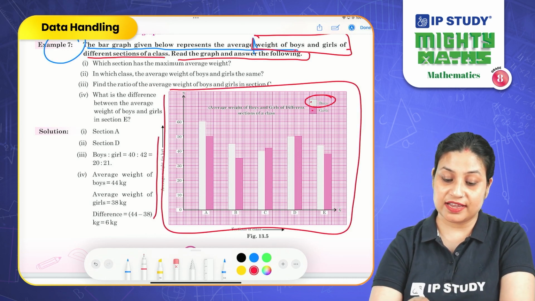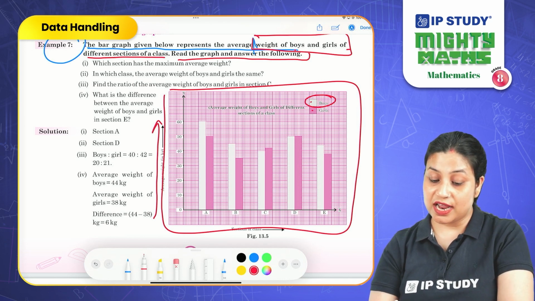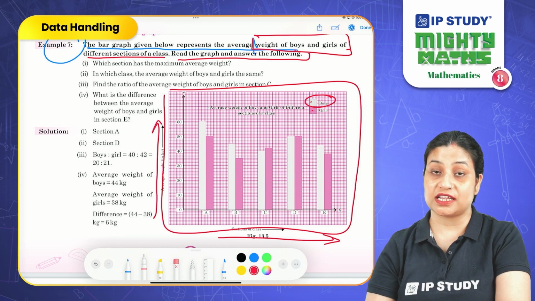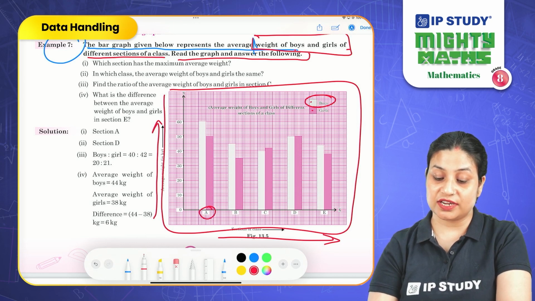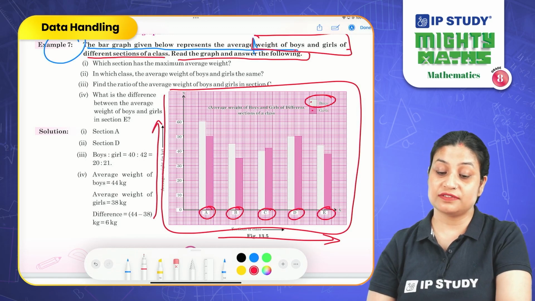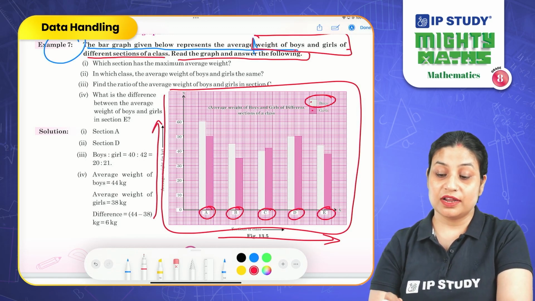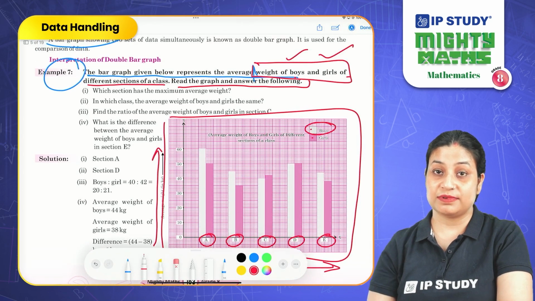The y-axis represents average weight in kgs, and the x-axis represents sections of the class. Here we have section A, B, C, D and E, and for different sections we have the average weight of boys and girls together. Now let's try to answer the questions.